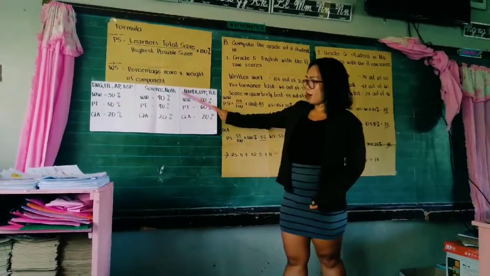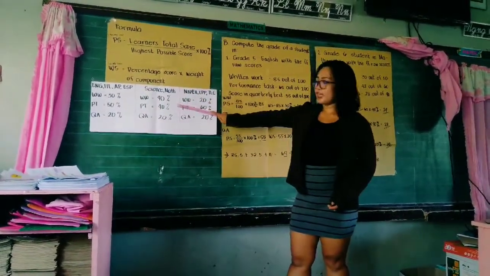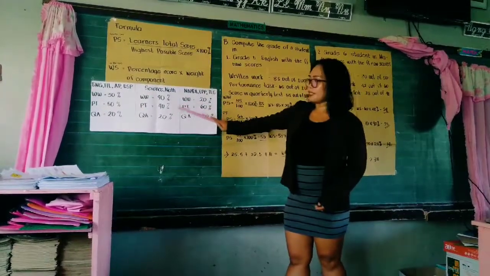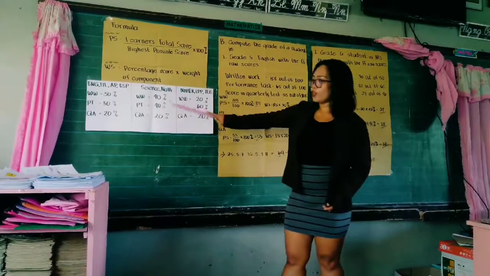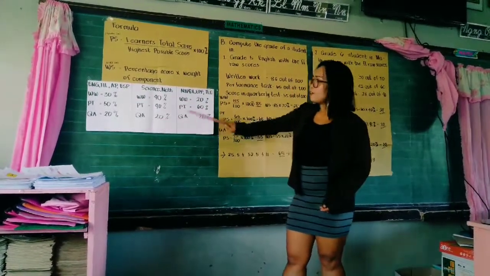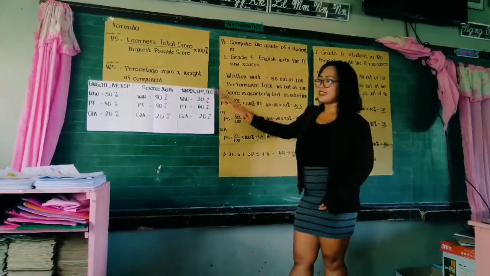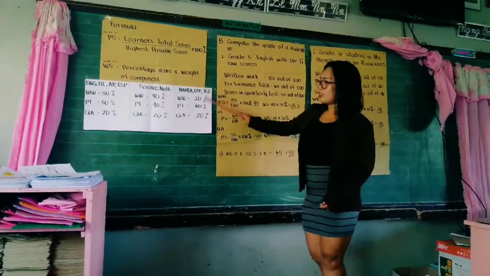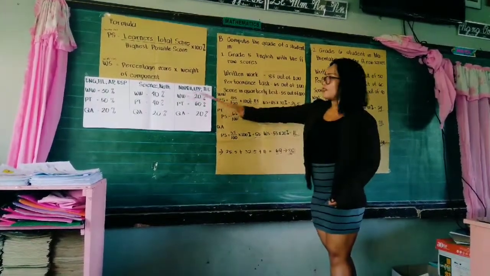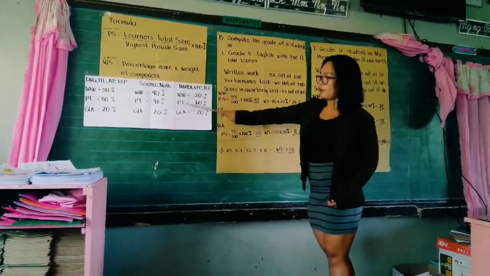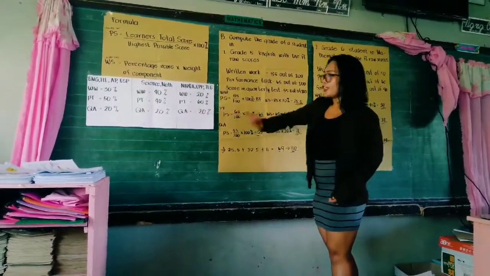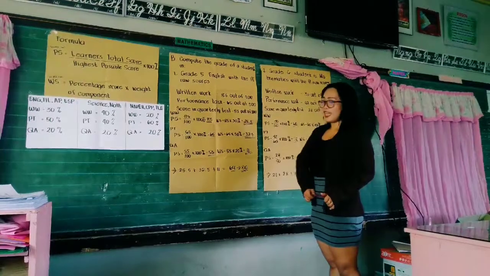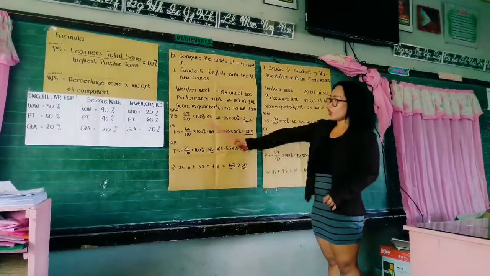For science and math, they have 40% in written works, 40% in performance task, 20% for quarterly assessment. And for MAPEH, EPP, and TLE, they have 20% in written work, 60% in performance task, and 20% for quarterly assessment. So now let's compute the written work.